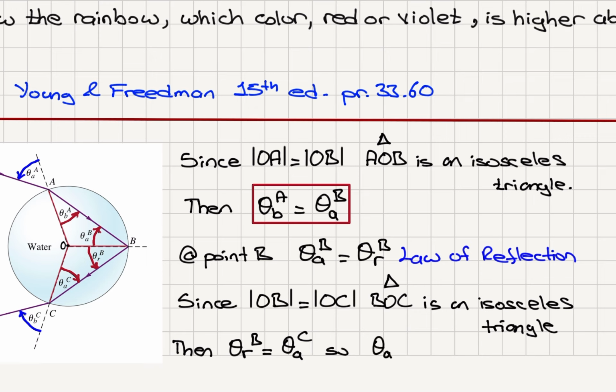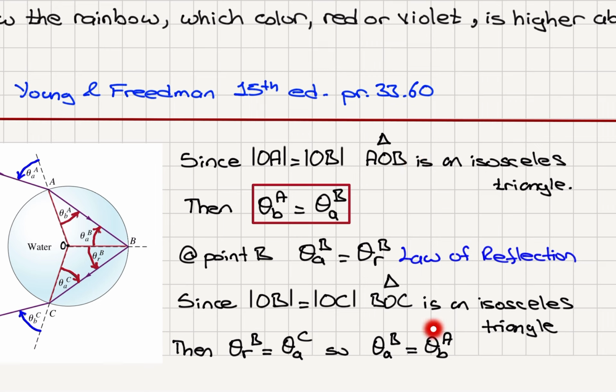theta sub B at point A. That's the first equation here from this AOB isosceles triangle.